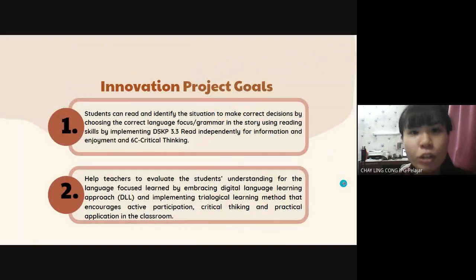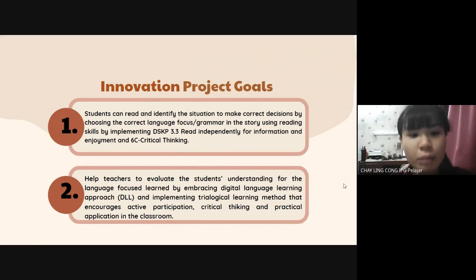This innovation project has goals. The first goal for my innovation project is that students can read and identify the situation to make correct decisions by choosing the correct language focus or grammar in the story using reading skills, by implementing DSKP 3.3, read independently for information and enjoyment, with the KPTB element, 6C, critical thinking.